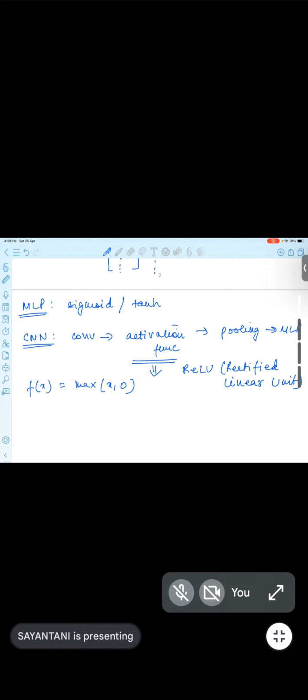That means any negative value becomes 0 and the positive values are retained. So this is one type of activation function popularly utilized in CNNs. Nowadays, we have different modifications of ReLU, so I'm not getting into those details.